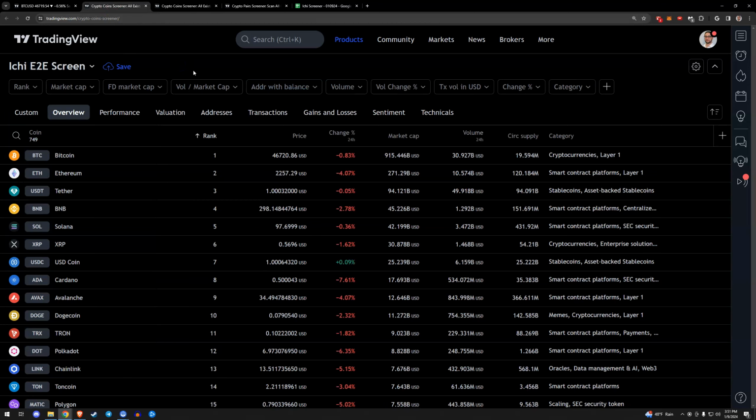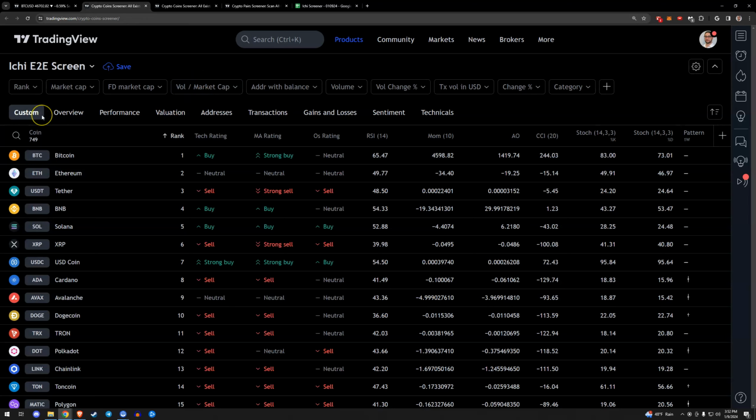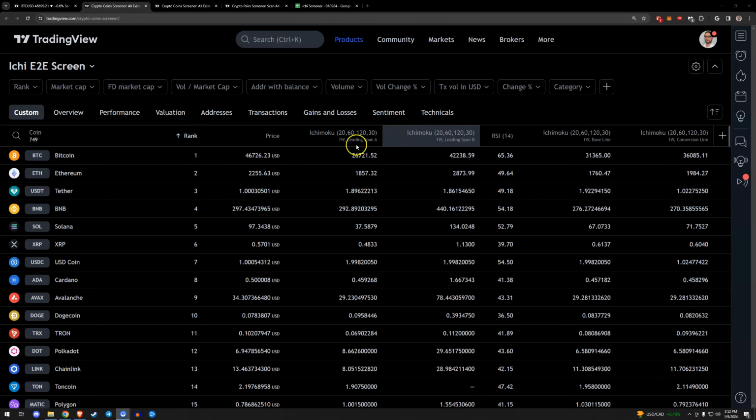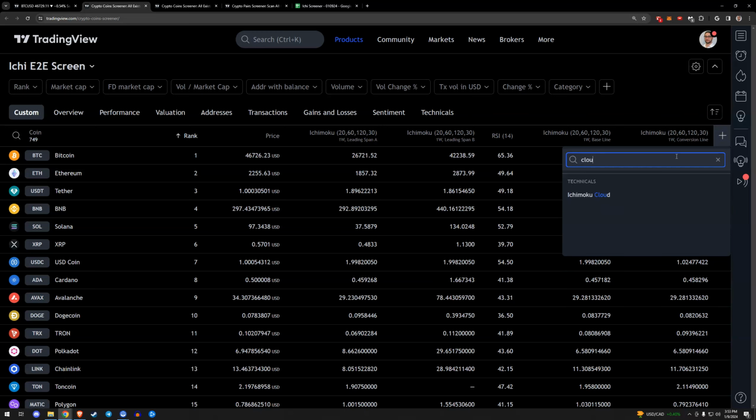So let's search for edge-to-edge setups, flip over to the custom tab, and what you first need to do is go through these columns and add whatever you want. I've got RSI, I've got all of the Ichi lines that I'm looking for. You can search for this and add it. And one of the reasons I'm even talking about this today is because they specifically have the Ichi settings that I use.